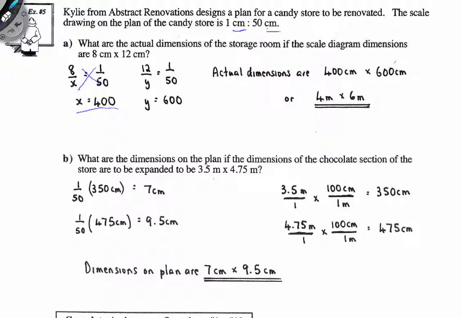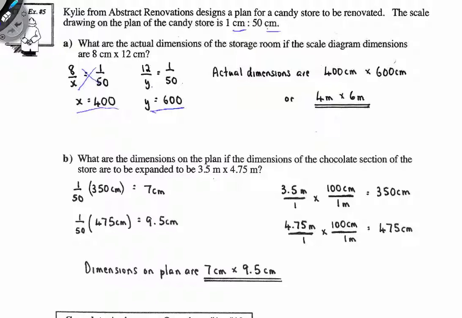It's going to be 1.5 times this, so it's 600. Or set up the ratio again of 1 to 50 is equivalent to 12 to y. And crisscross, we'll get 12 times 50 is 600. So actual dimensions are 400 by 600 centimeters, or 4 by 6 meters.